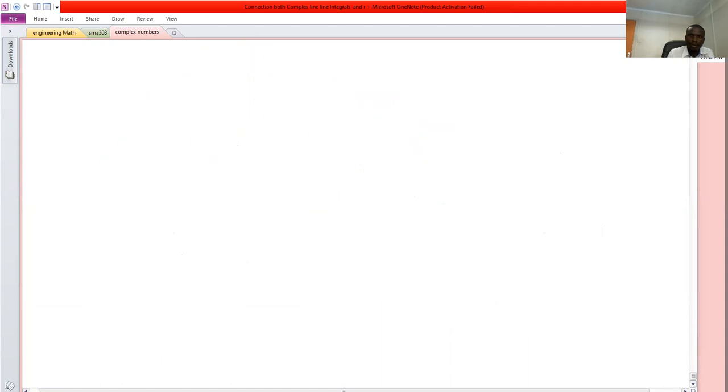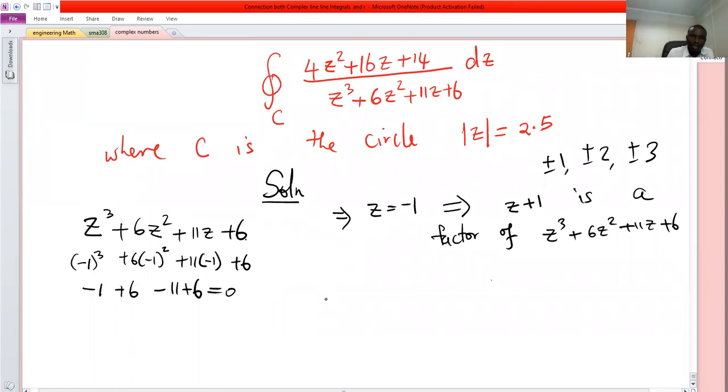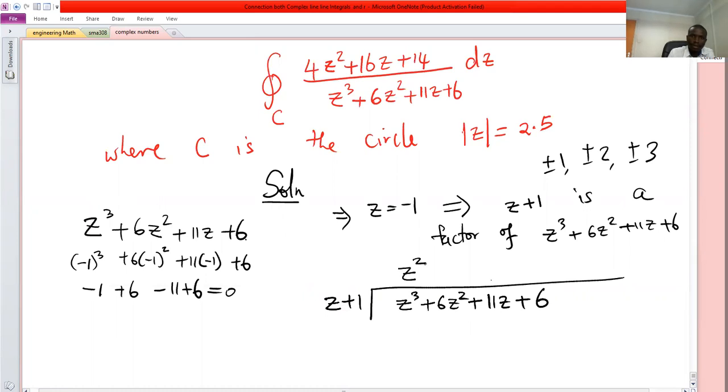So we use long division now to get the other factor. So we say z + 1 divided into z³ + 6z² + 11z + 6. So z times z² is z³. z² times 1 is z². Subtract: z³ minus z³ is 0. 6z² minus z² is 5z².